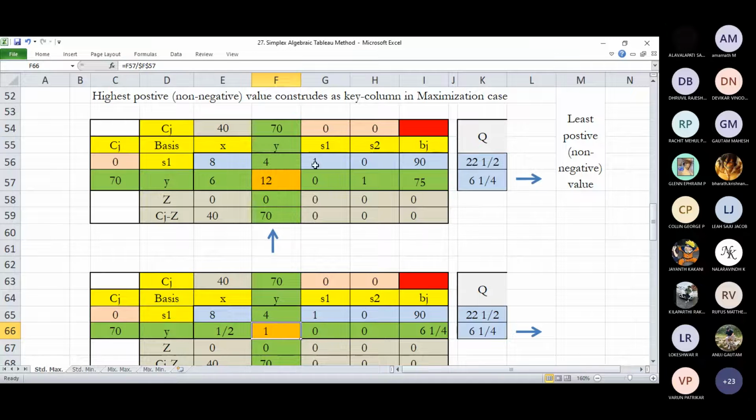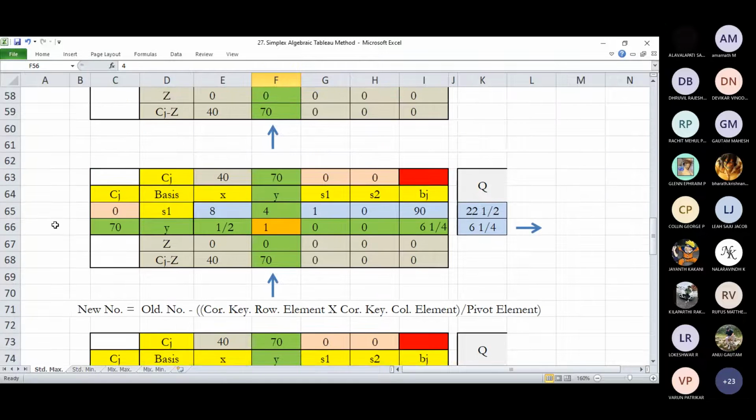But in a matrix table, we'll be making all the other elements, other than the pivot element, in the key column to be 0. So we use row-wise operations to eliminate all the elements in the key column except the pivot element, to become 0. In the algebraic table, we'll have a formula.